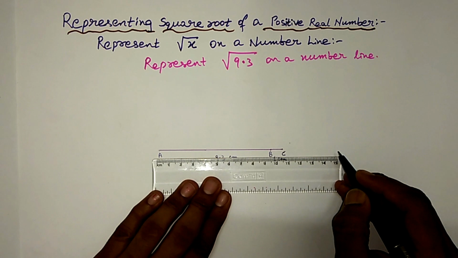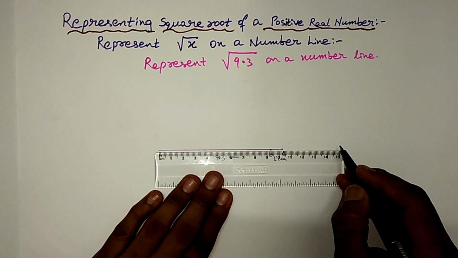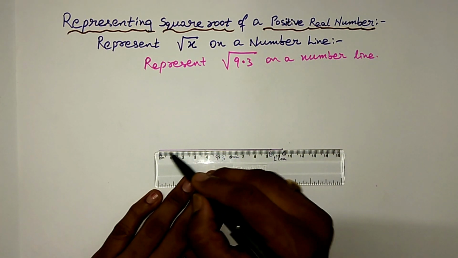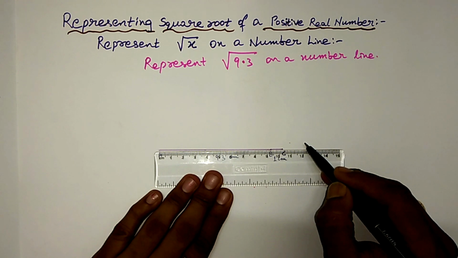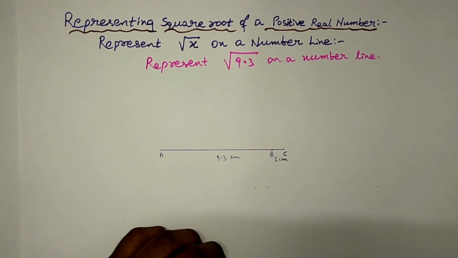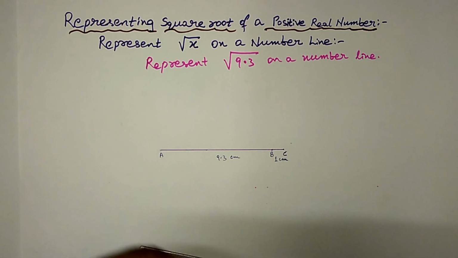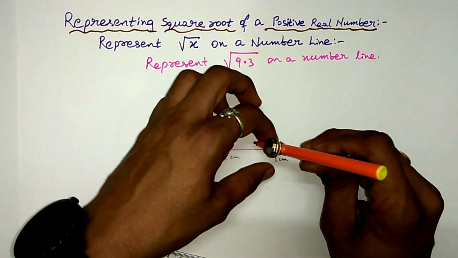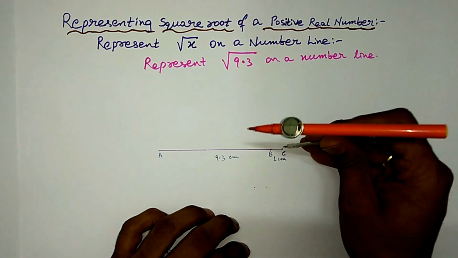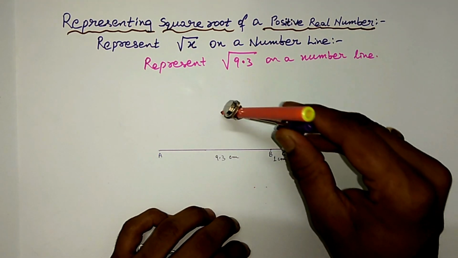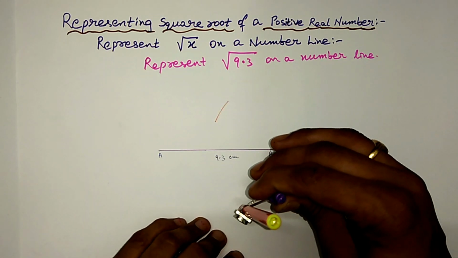Here we are going to find the midpoint of this line segment AC. To find the midpoint, we will use a pair of compasses, taking more than half of the line segment AC, using the perpendicular bisector concept of a line segment.